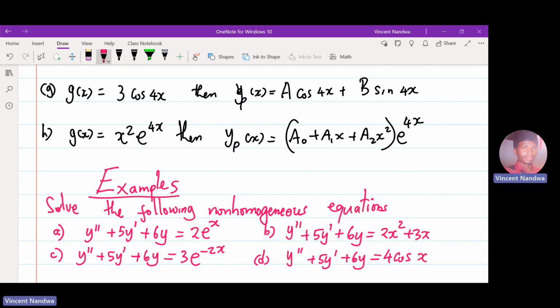By the time we solve A up to D, you should be able to be trusted with this method. When you go through the whole solutions from A to D, you should stand on your own.